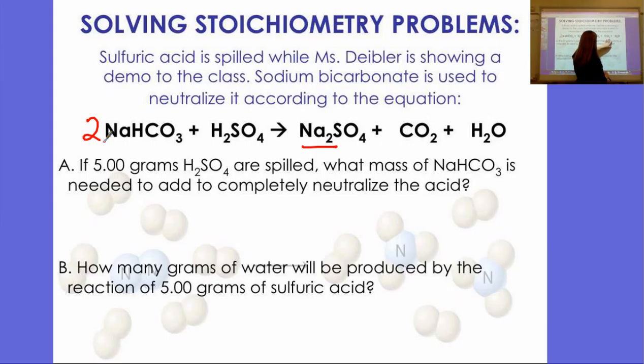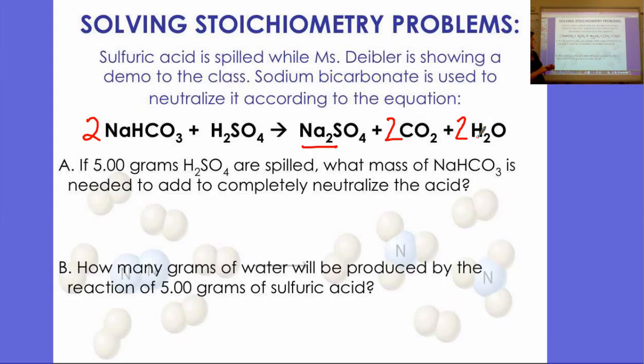Here I have 4, 6, 2 carbons for this side, 8, 10 oxygens now. That gives me 4 hydrogens on the right. 2 plus 2, that should be balanced with a 2:1 to 1:2:1 ratio. If you want to pause it here, try a couple of these examples. They're just like the last ones.